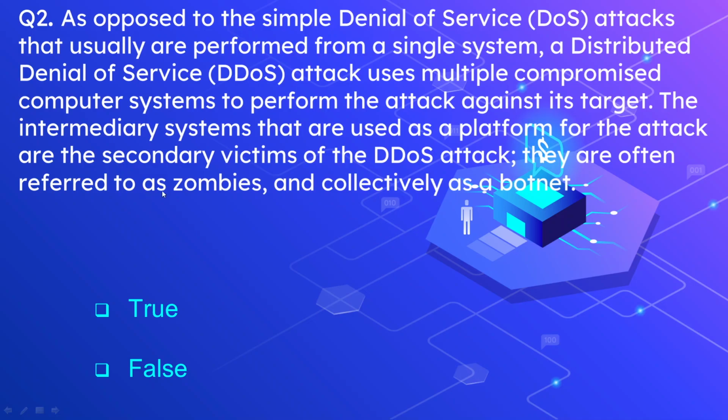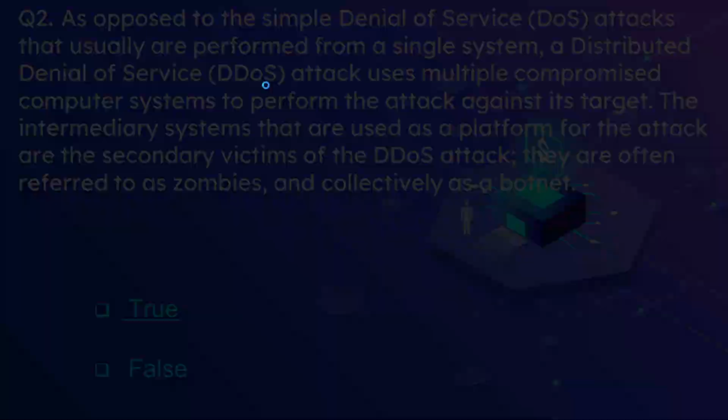They are often referred to as zombies and collectively as a botnet. And we have two options, either this statement is true or false. So the correct option is true. This is in fact the definition of a DDoS or distributed denial of service attack.